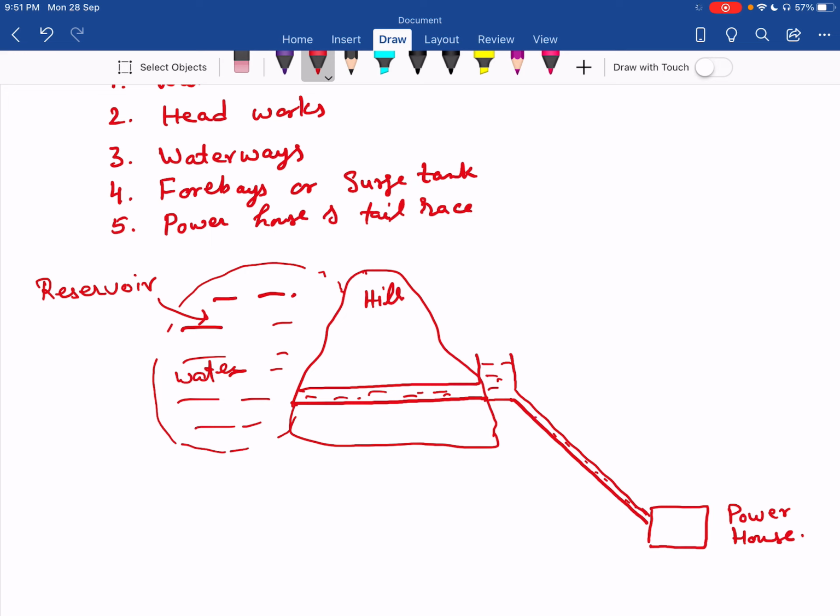In the powerhouse we have different turbines. Water, after striking the turbine, goes to the tail race. This is the tail race. This is one tunnel.